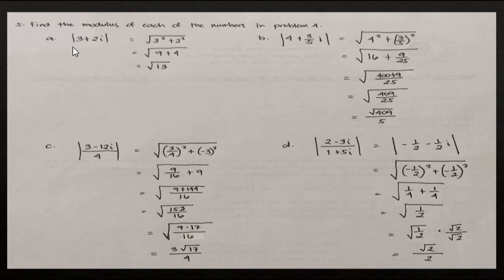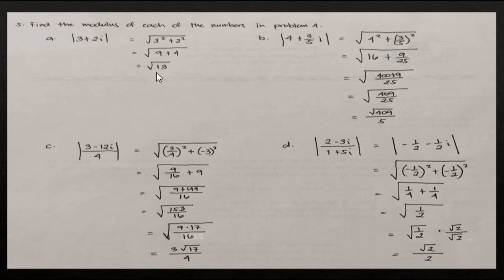So, to get the absolute value of this given complex number, atong i-square root ang squared ni a plus ang squared ni b. So, maoning square root of 3 squared plus 2 squared. So, that becomes square root of 3 squared is 9 plus 2 squared is 4.